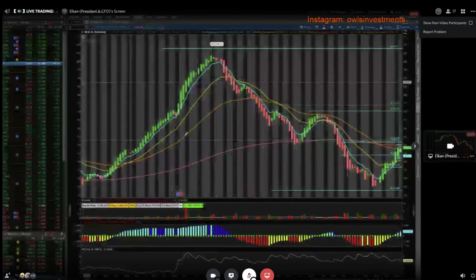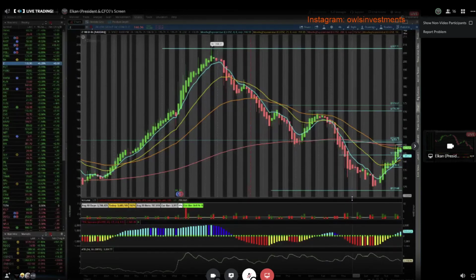Remember, every single one of these bars is going to represent a day. So if you're looking to go long, you would want the previous day to have really good green volume that's above the yellow line, which would indicate it's higher than the average. Okay.